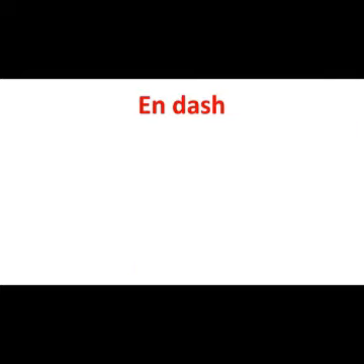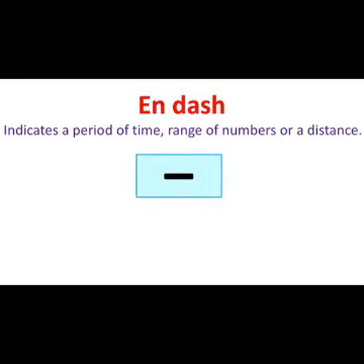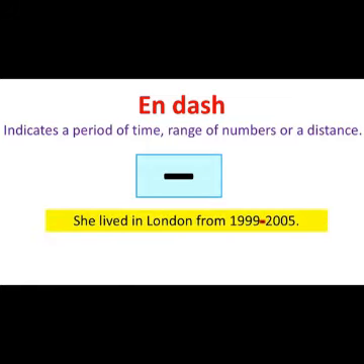N dash. N dash indicates a period of time, range of numbers, or a distance. For example, she lived in London from 1999 to 2005.